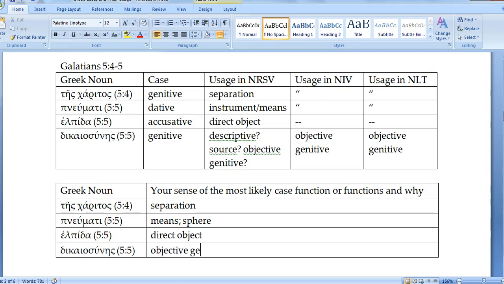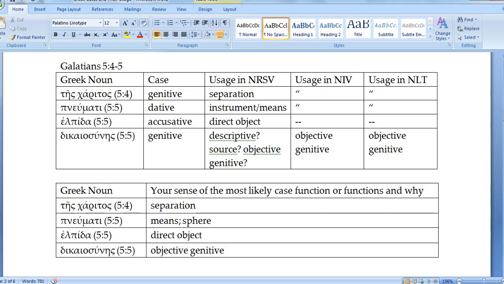The consensus of the translations, as it were, is in the direction of an objective genitive, and it makes very good sense. I think that's probably the best way to go with this myself. It could be taken in other directions as well. There are commentaries that you could consult that would argue for a genitive of source, the hope that righteousness gives, instead.